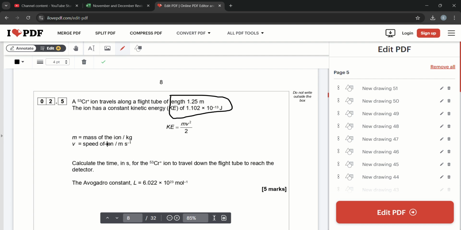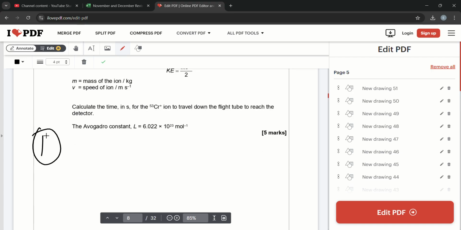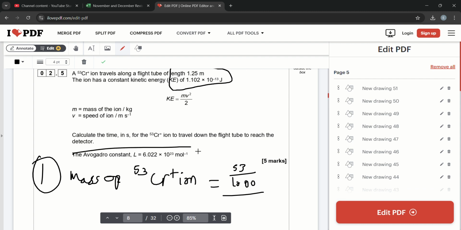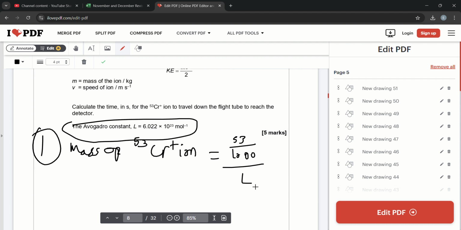Okay, now I have a footprint of what to do. So first thing first, we need to find the mass. The mass of the 53Cr+ ion is equal to 53, because the mass has to be in kilograms for mass spectrometry, over L. That's the reason they give us Avogadro's constant. 53 divided by 1000, over 6.022 times by 10 to the power 23.